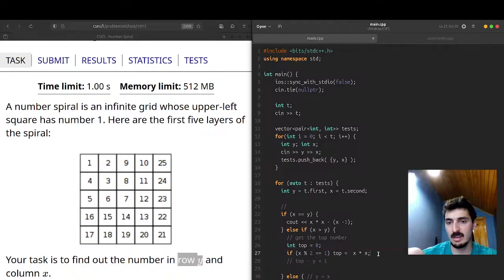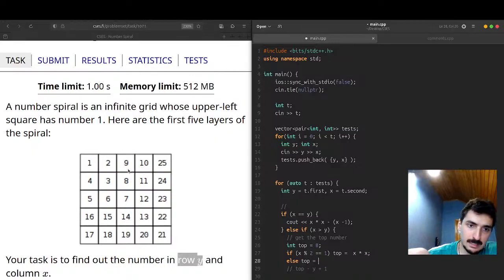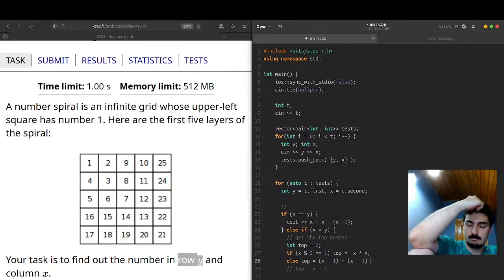Else, top is like previous number's maximum, like 10. Previous maximums plus 1.